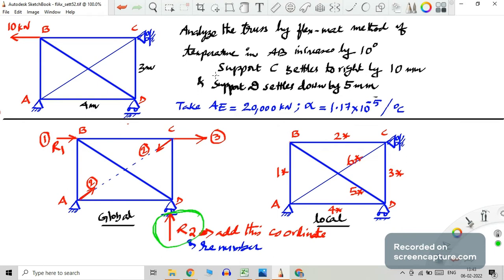So you should not study the coordinates of one problem by heart, then another problem separately, then a third. Don't do that. Just learn the principle. If you know the principle, you can mark the local and global coordinates for any new problem you have not been exposed to. That should be the approach, and that much pain you should take. Then only you can attack any problem, whether in flexibility or in stiffness. That is marking global and local coordinates.